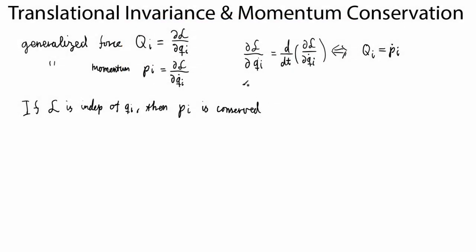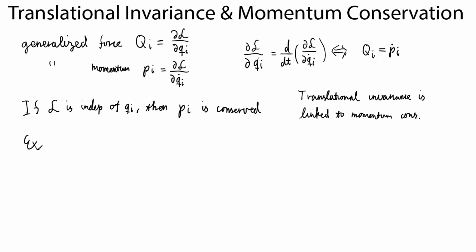So there appears to be a link between translational invariance, that is, the Lagrangian doesn't depend on the value of a particular coordinate, and momentum conservation. So to be explicit, let's think of, for instance, a particle in the gravitational field.